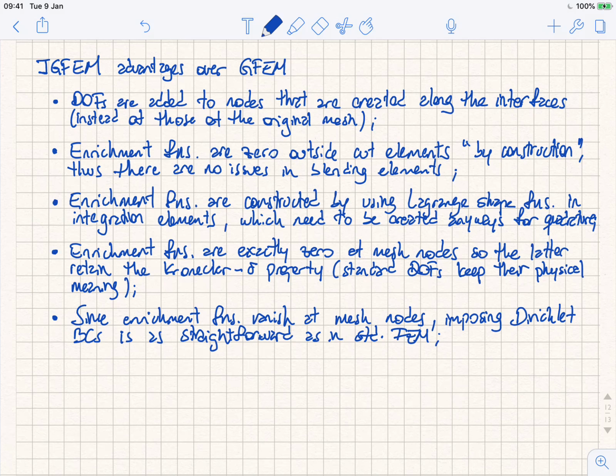And finally, we also discussed the issue with the condition number of a stiffness matrix. And this is another difference with respect to GFEM, the issue of conditioning. And I'm going to talk a little bit about this.